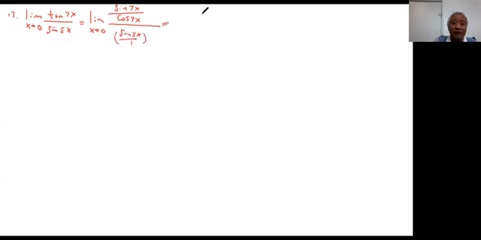So we can simplify further. Sine 7x over cosine 7x times by 1 over sine 5x. Get it? And then we can put this one together. Of course, you still keep limits there, okay?